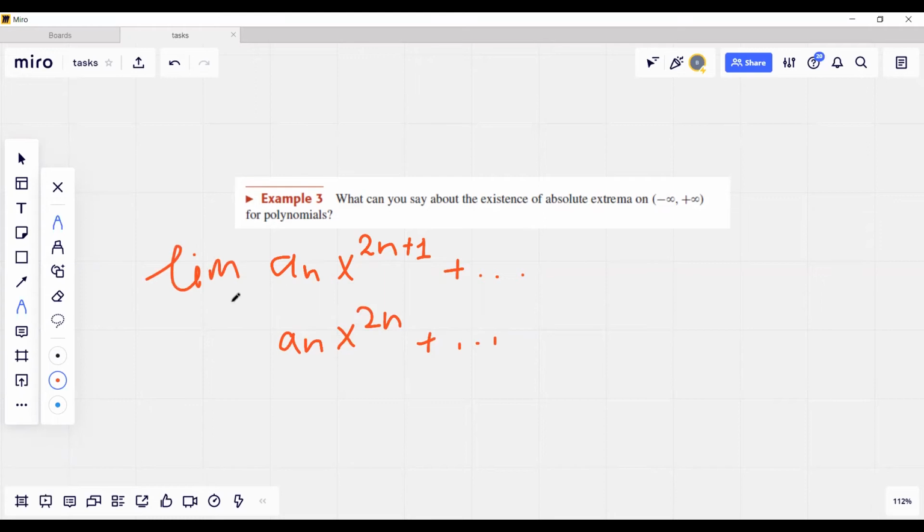Then if we take limit when x goes to plus infinity of odd degree polynomial, then this is equal to limit x goes to plus infinity of a leading term.